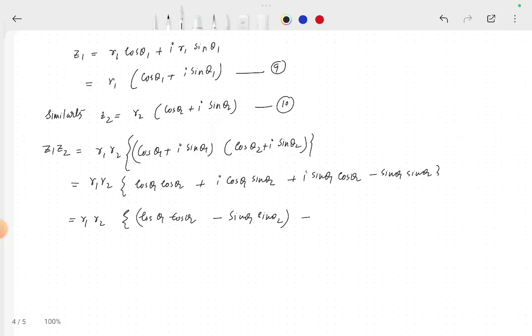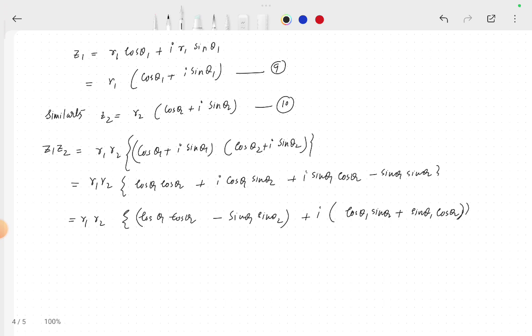And taking i common, cos theta 1 sin theta 2 plus sin theta 1 cos theta 2.